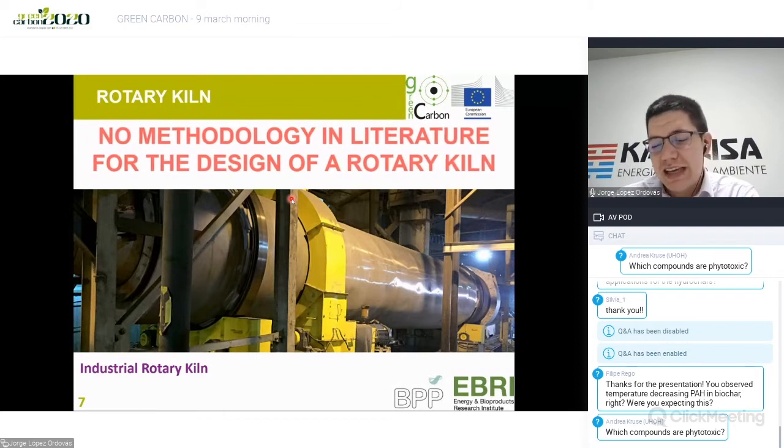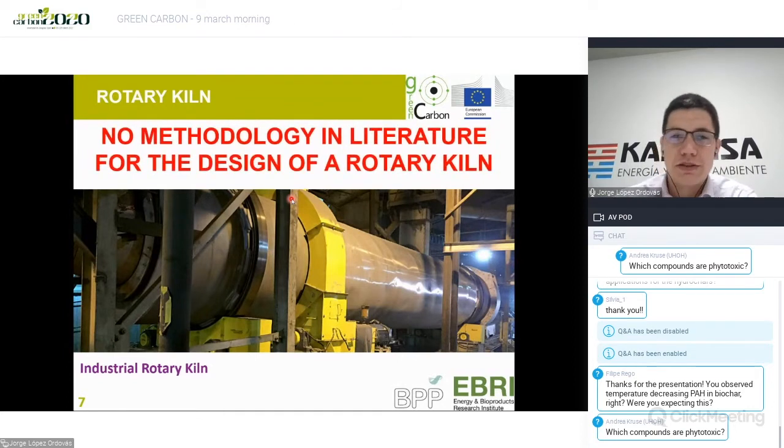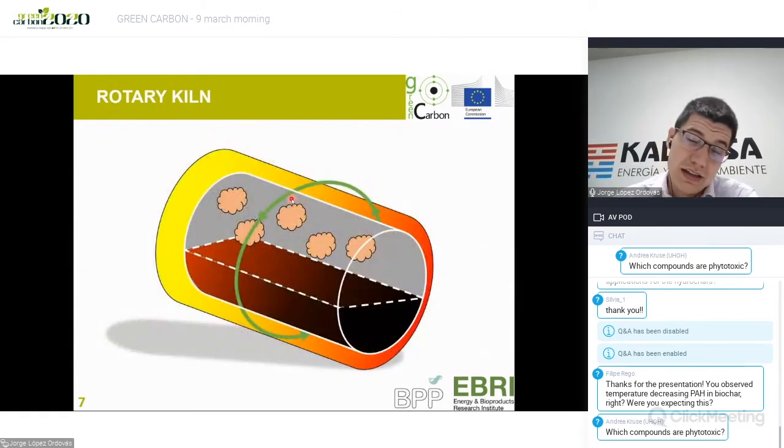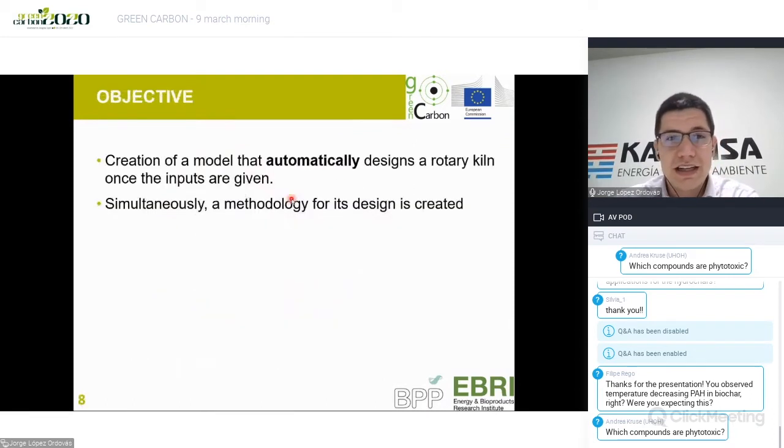And yeah, I decided to go that way and try to not only create a methodology for the design of a kiln, which is well known in industry, but I also tried to create, this is a scheme, a small model that designs automatically a rotary kiln when the inputs are given.